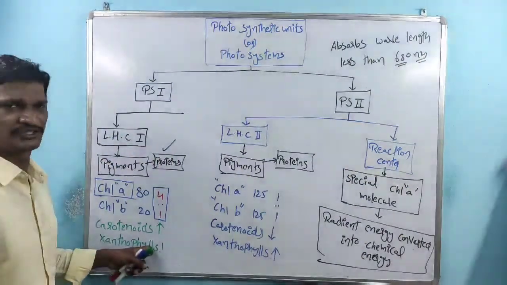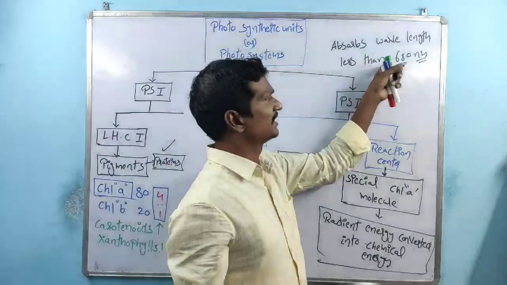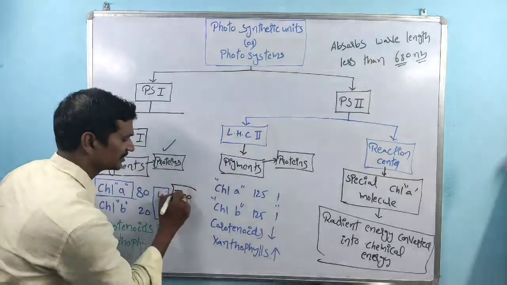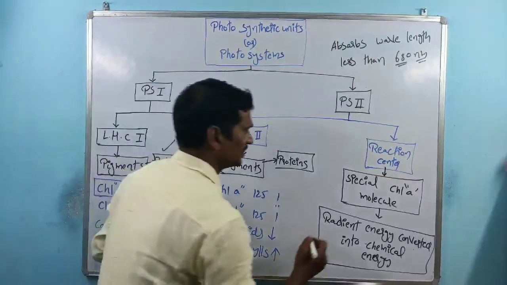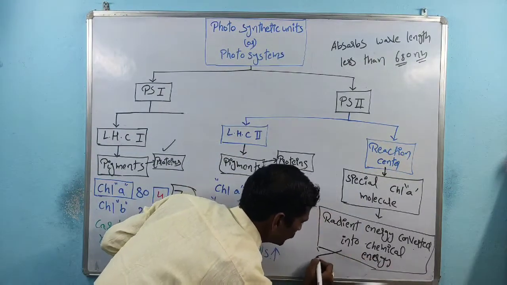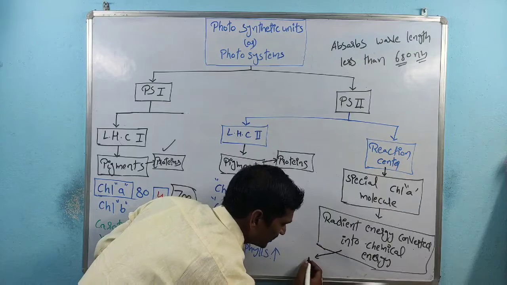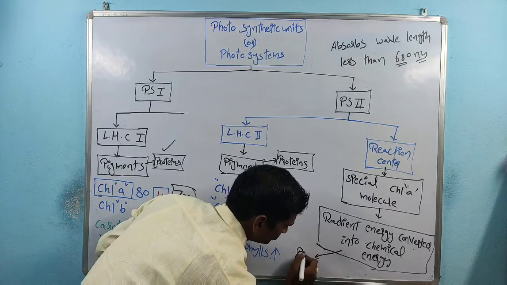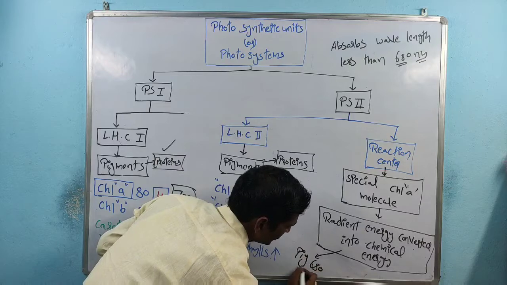Here it is more than 680 nanometers. This one is less than 680 nanometers. Here the pigment is 700. Here the pigment is 600. I don't have space here, that's why I mentioned it here. The pigment here is 680.